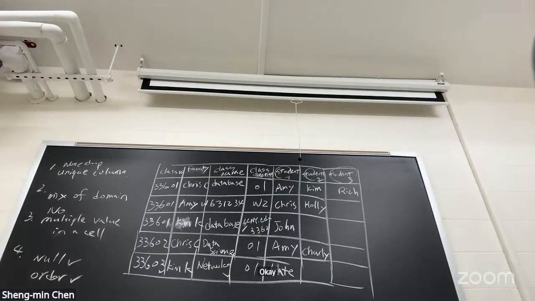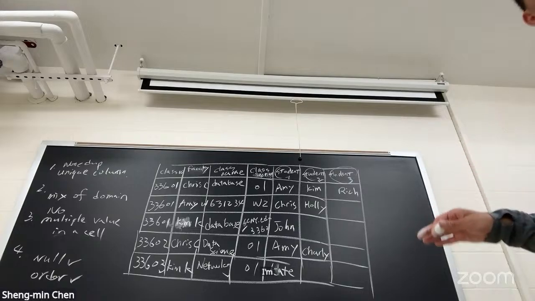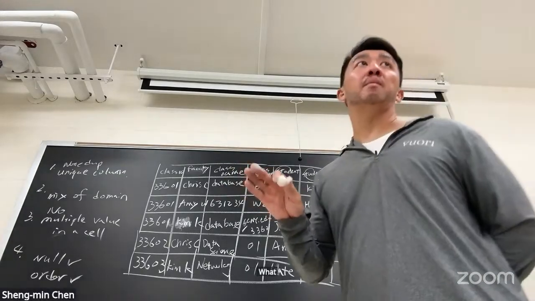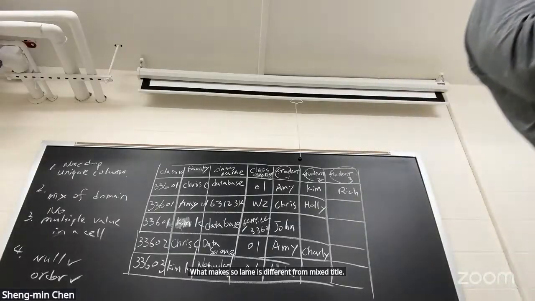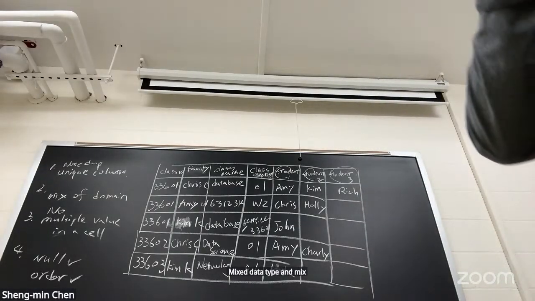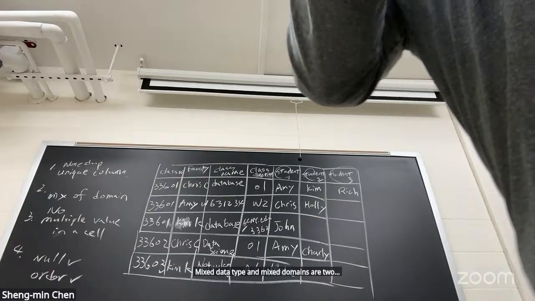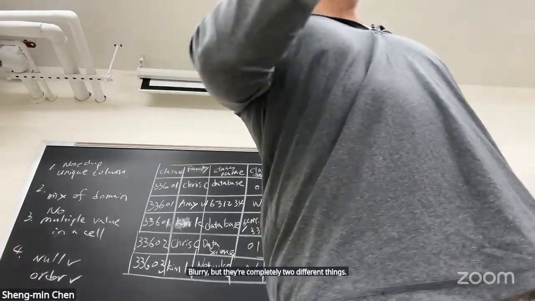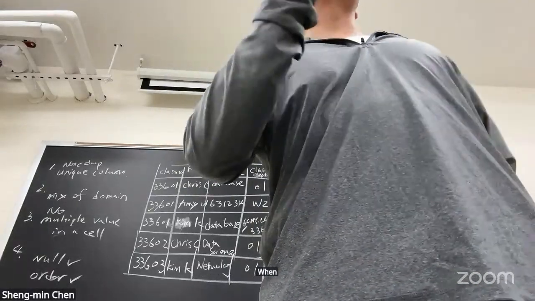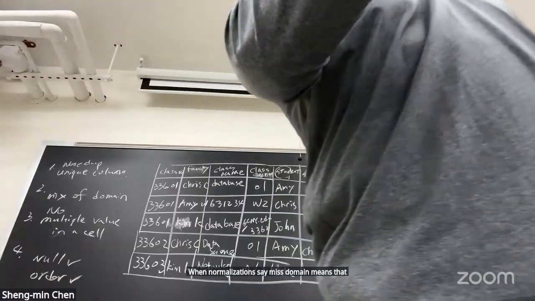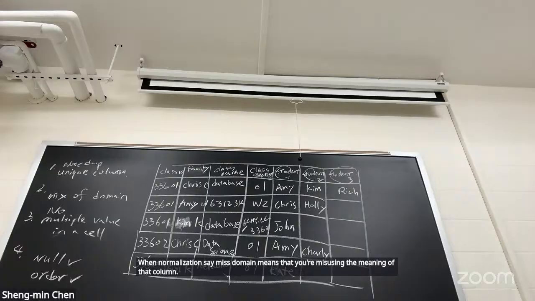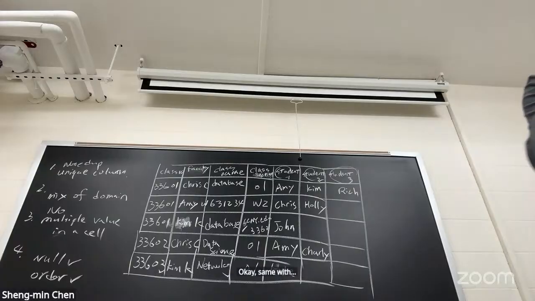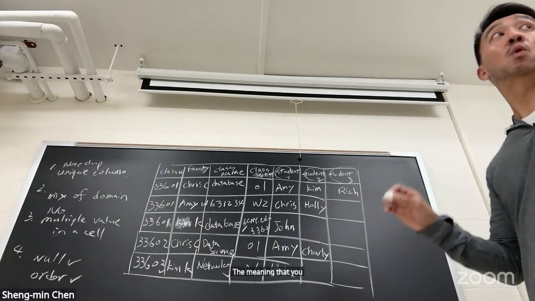Okay, I'm sure that I explained this. What mixed domain is, different from mixed type. Mixed data type and mixed domains are blurry, but they're two completely different things. When normalization says mixed domain, it means that you're misusing the meaning of that column. Stay with the meaning that you meant to have that column for.